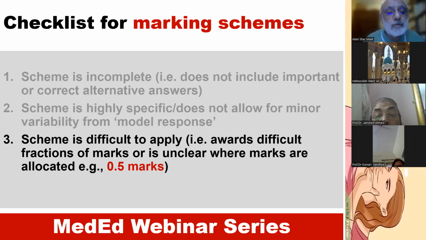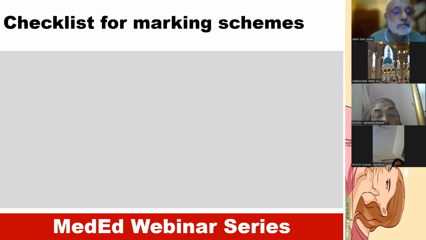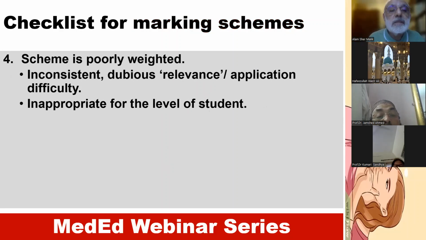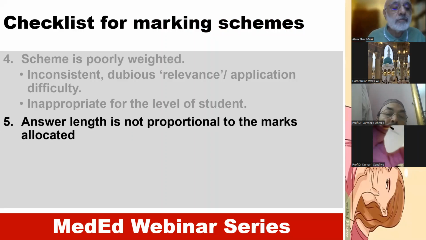We generally follow that the minimum mark given for one component or question is 1 and not less than 1. Another issue is a scheme that is poorly weighted, inconsistent, of dubious relevance, or difficult to apply. It should be appropriate for the level of the question. We cannot expect the same level from first year students as year 5. So the marking scheme has to be weighted properly.